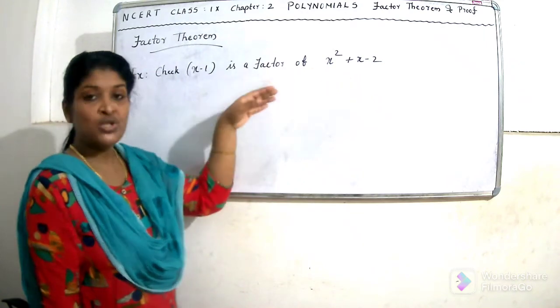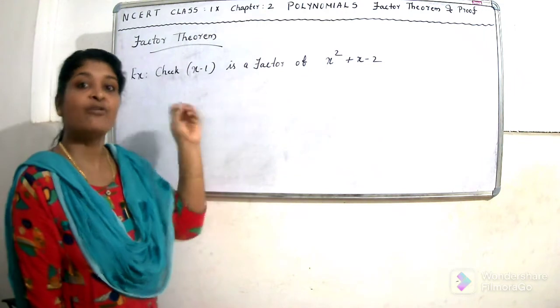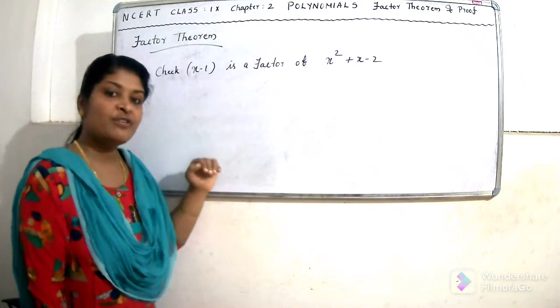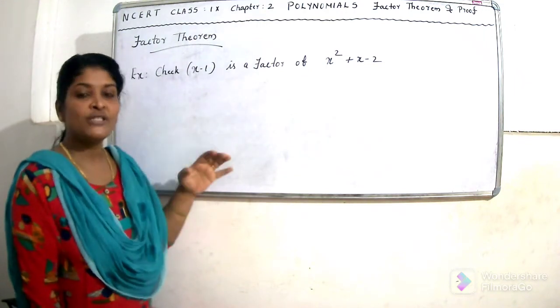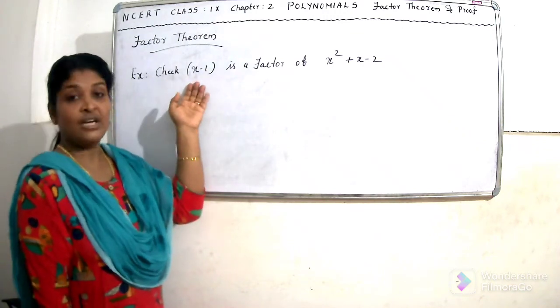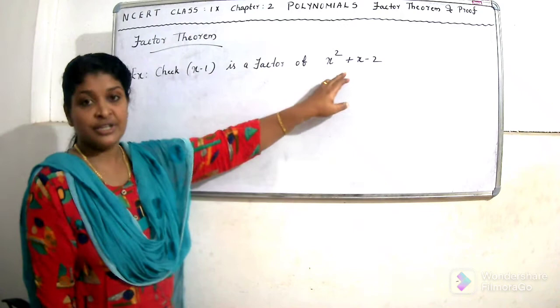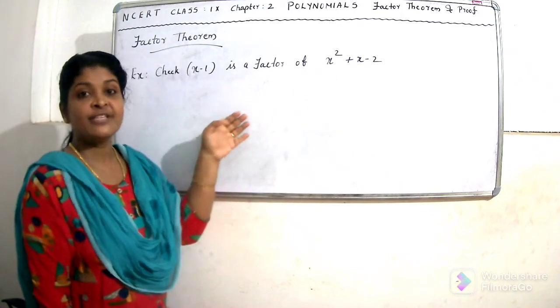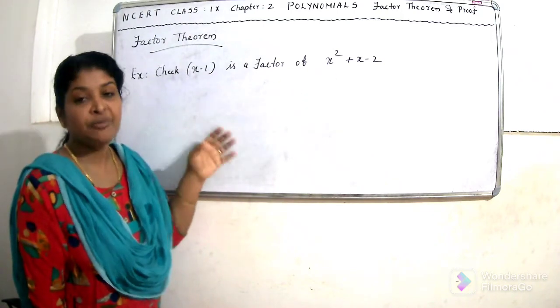We will do this question with the help of the remainder theorem, because we already studied the remainder theorem. When we are dividing this dividend by this divisor, we get a remainder when applying the remainder theorem.